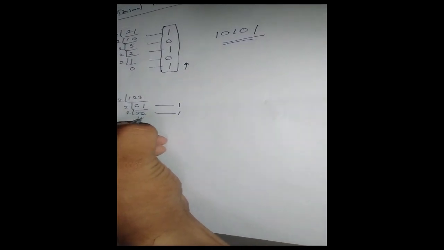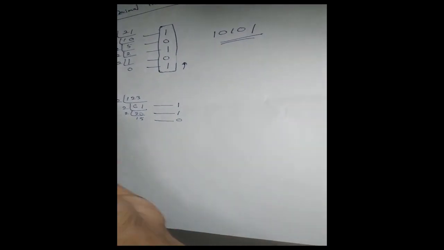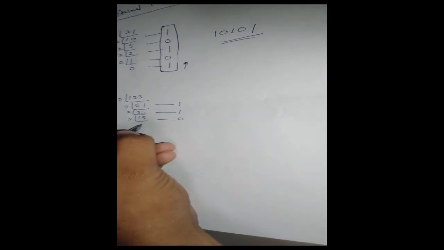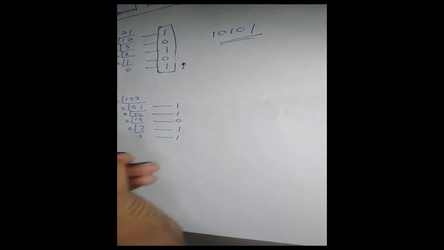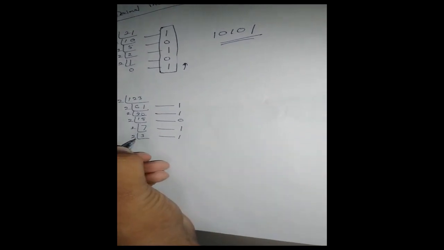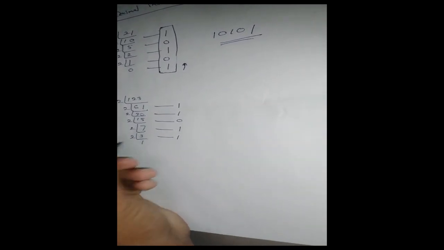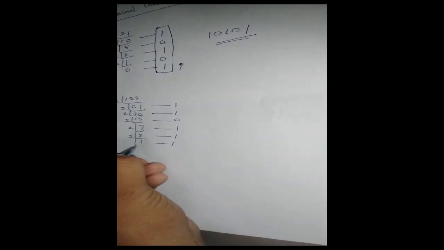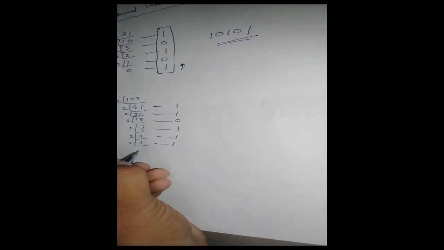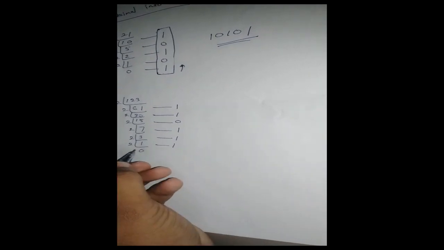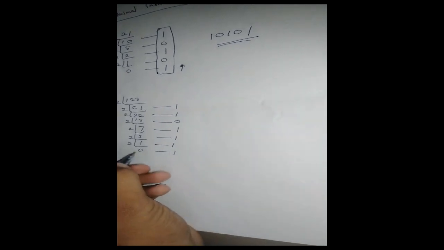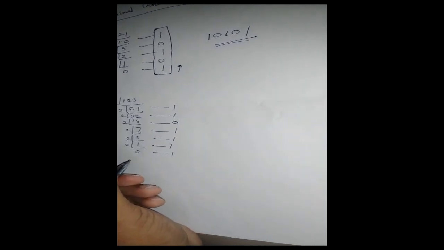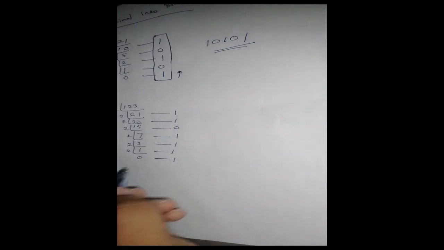Divide by 2, it's 15, there is no remainder. Then 7, there's 1 remainder, and divide by 2, it's 3, there's 1 remainder. Divide by 2, it's 1, because 2 into 1 is 2, and there's 1 remainder. Again divide this, then it's 0, because 2 into 0 is 0, so there's 1 remainder, and hereafter you can't continue because you have reached 0.